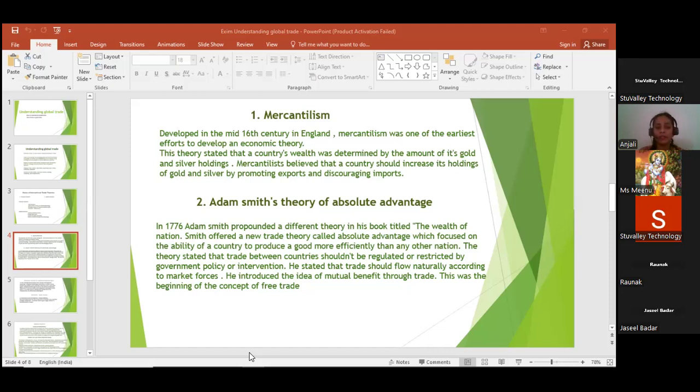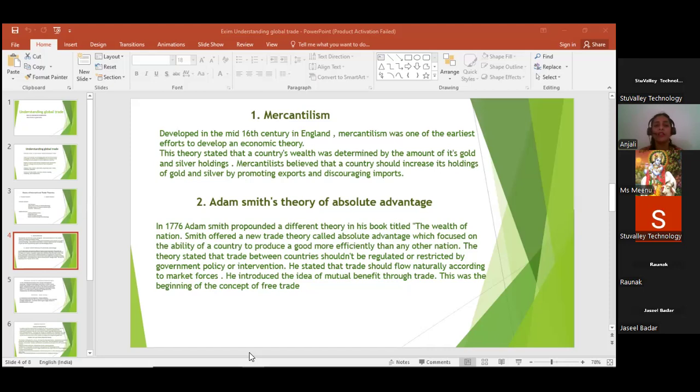After this, since this type of trading was beneficial for only one country and caused losses for the other, Adam Smith's theory came into existence, which is called absolute advantage. This theory is known as free trade, because while one country was at an advantage, the other was at a loss. This came into existence in 1776.